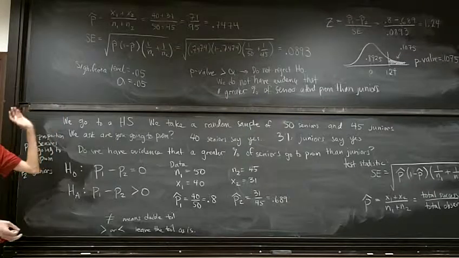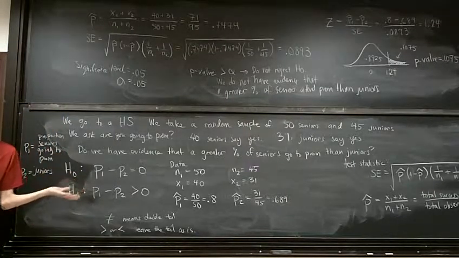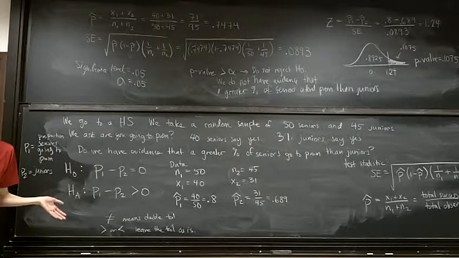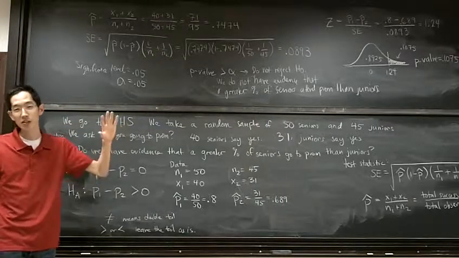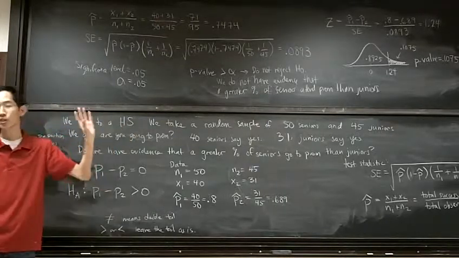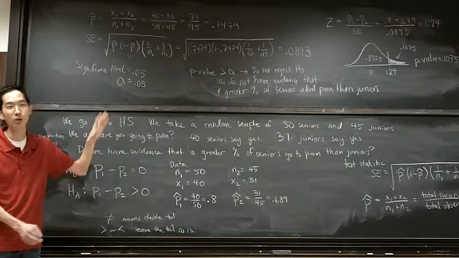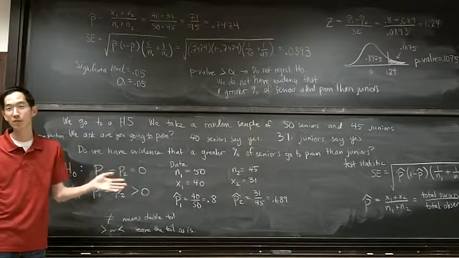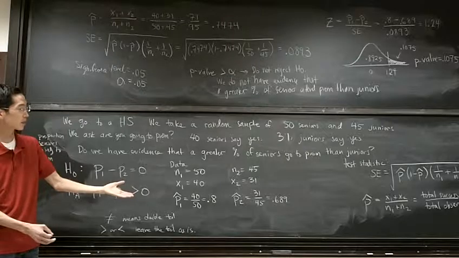If we surveyed the whole school or got a very big sample, maybe we will find evidence that more seniors go than juniors, okay? But just like at the casino, after playing only 10 games and winning 70%, that's not enough for them to conclude that I'm cheating. But after playing 100 games or a lot more and still seeing 70%, that's enough to come to the conclusion that someone's cheating, okay?